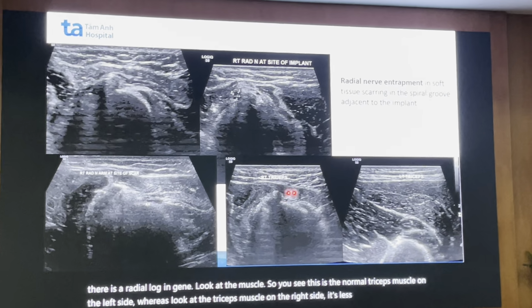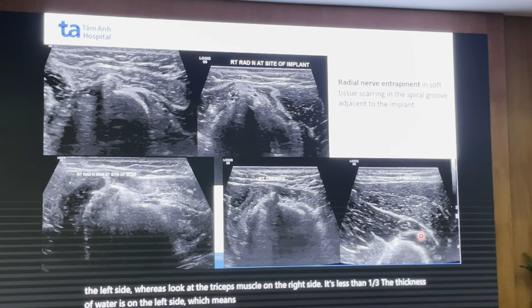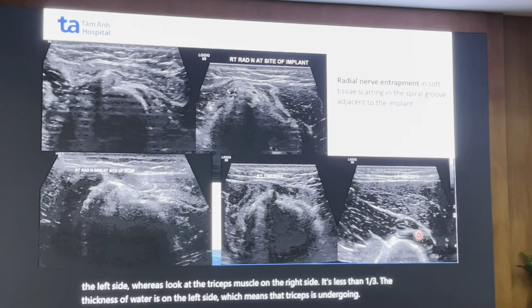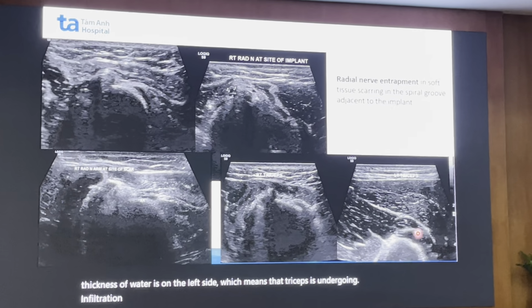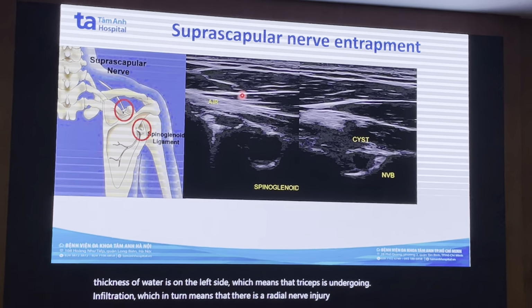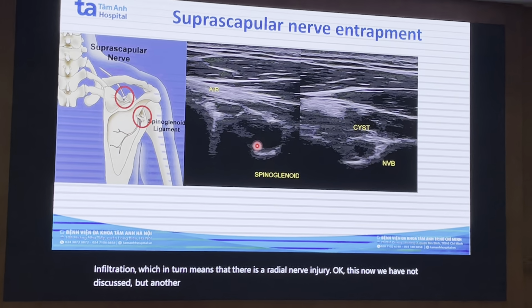It's less than one third the thickness of what it is on the left side, which means that triceps is undergoing muscle atrophy and fatty infiltration, which in turn means that there is a radial nerve injury.